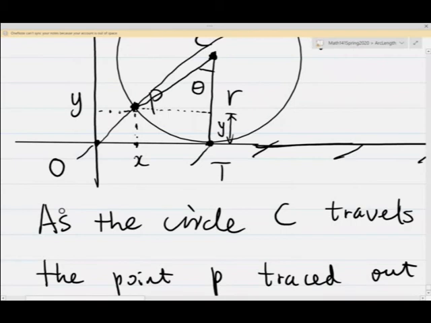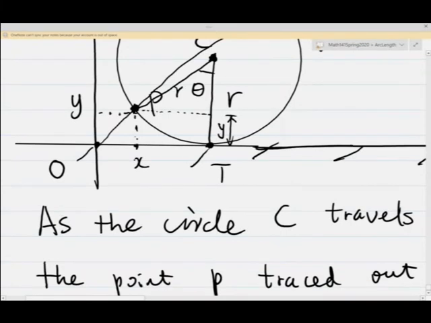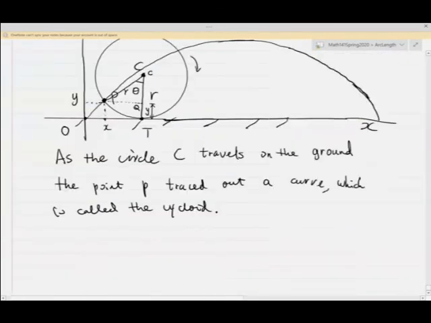The hypotenuse is R. This is the center C. Let this point be Q. Solving the right triangle CPQ: what is CQ?